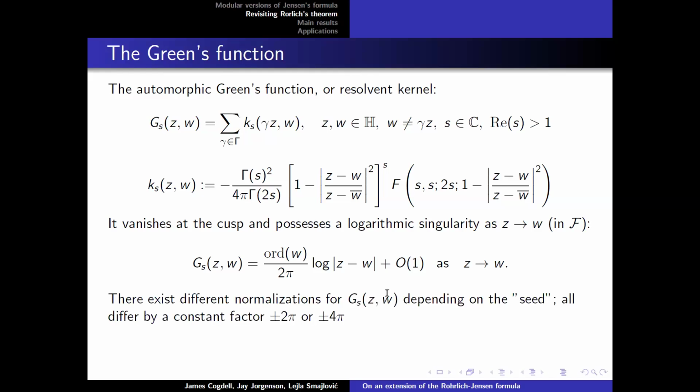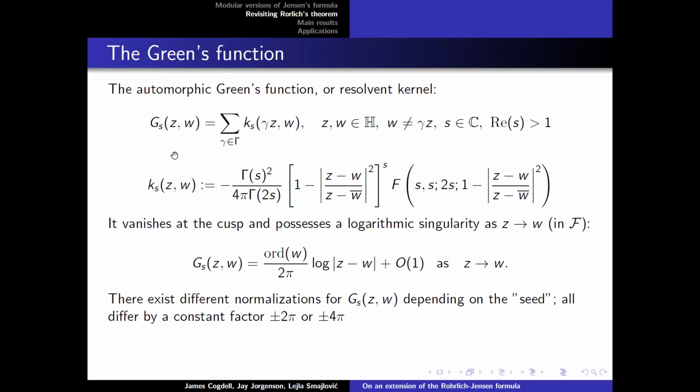And of course, I have to say that there exist different normalizations for this function G_s. It can also be given in terms of the Legendre function Q_{s-1}. It can also be given in different ways as a hypergeometric function.